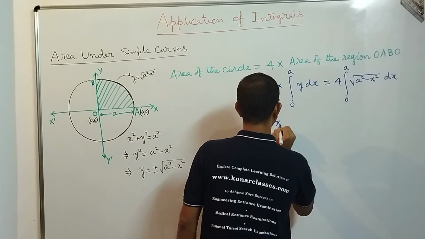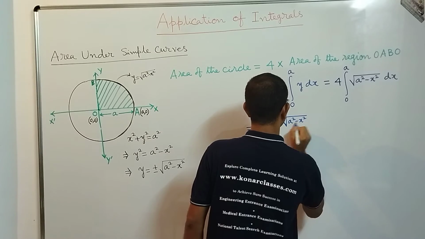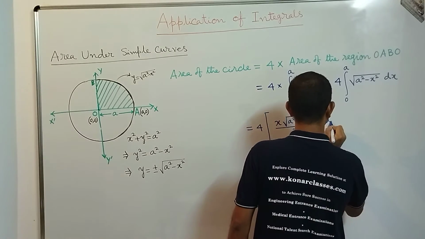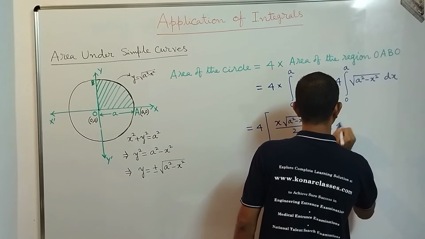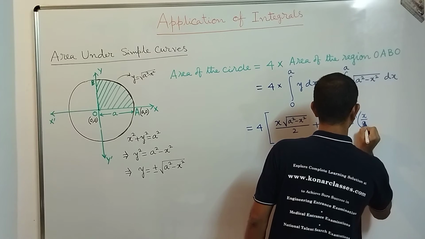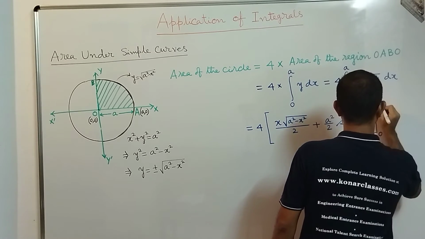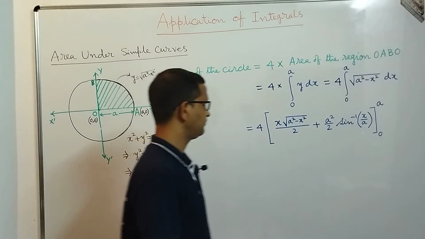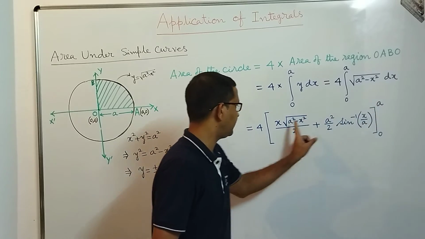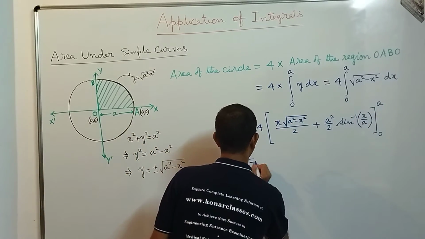It is x into square root of a square minus x square by 2 plus a square by 2 into sine inverse x by a, and its lower limit is 0 and upper limit is a, correct? Now first apply the value of x equal to a. If we apply the value of x equal to a, let me write it down.